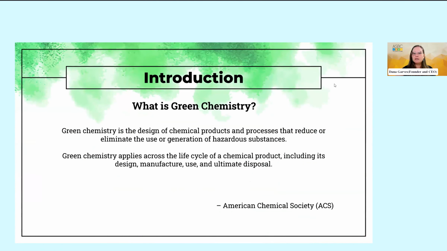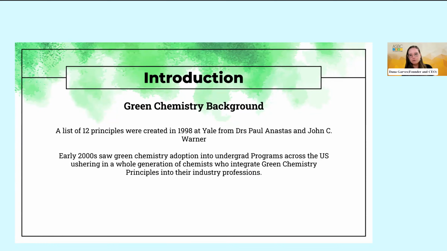Just a smidge of background here. The 12 principles were created in 1998 at Yale by Dr. Paul Anastas and John C. Warner, with the idea of making sure as we enter into this new millennium of chemical processes that we are paying attention to our environment as we create new technologies.